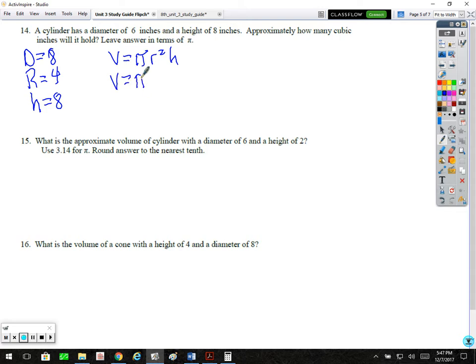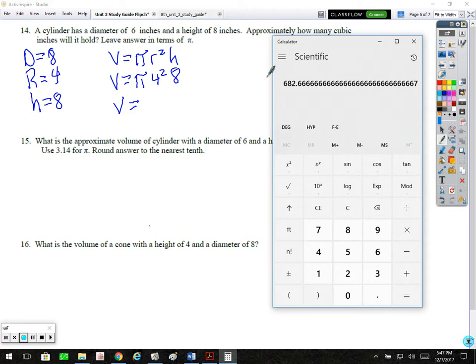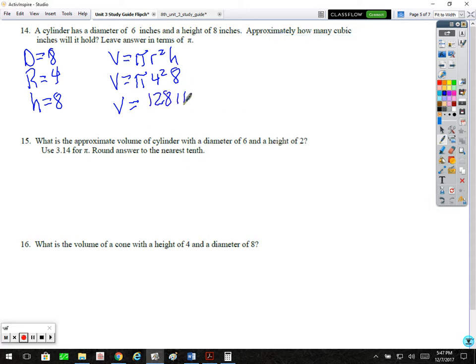Volume equals pi, the radius is 4, and the height is 8. It wants us to leave it in terms of pi, so we're not going to put pi in our calculator. So 4 squared times 8 is 128, right? 128 pi.